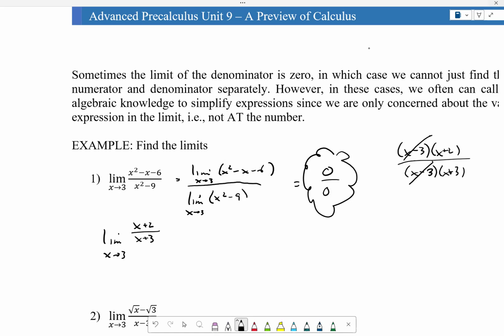And now, if I just plug in the 3, well, do I get zeros anywhere? No zeros anywhere, so I could plug in the 3. So from the original graph, what we're looking at is a hole where there's nothing there, but we're looking at the simplified form of it. So this is equal to 5 over 6.